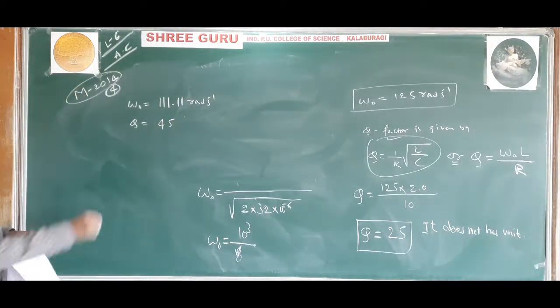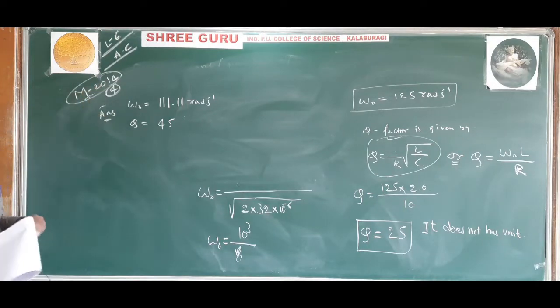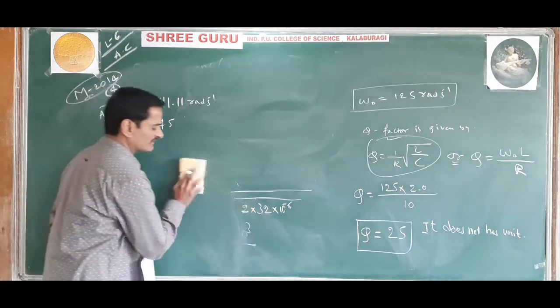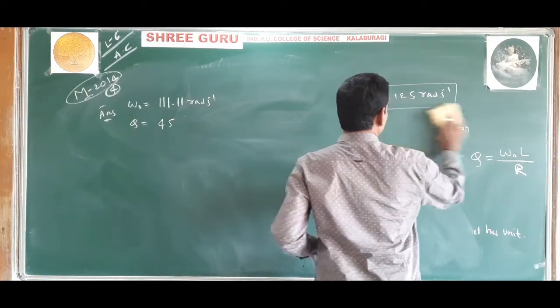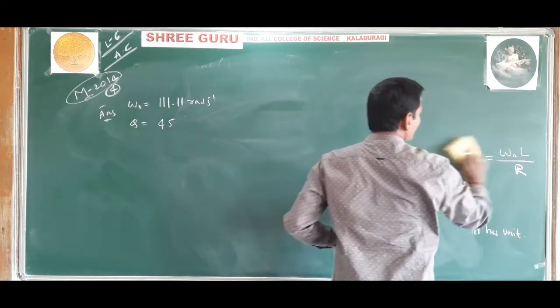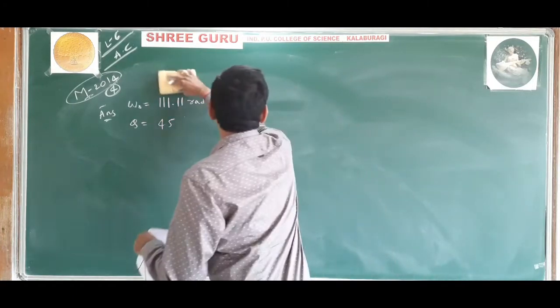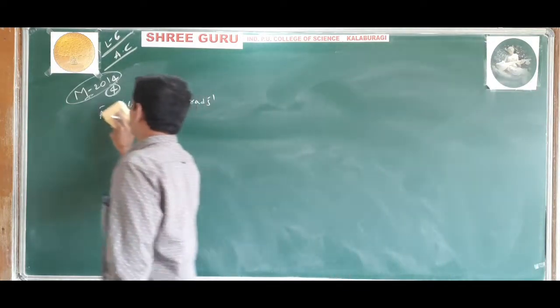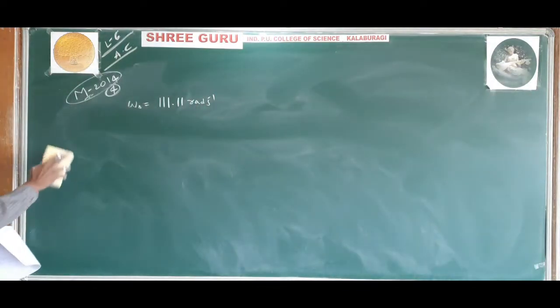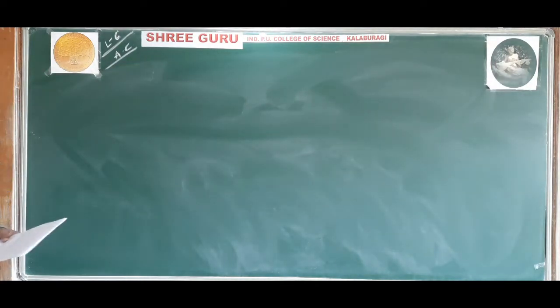So these are the answers we have to get. It is the same kind of problem we just solved, so solve on your own. This is homework, a simple question for 5 marks asked in March 2014.